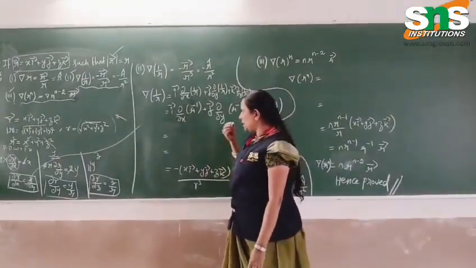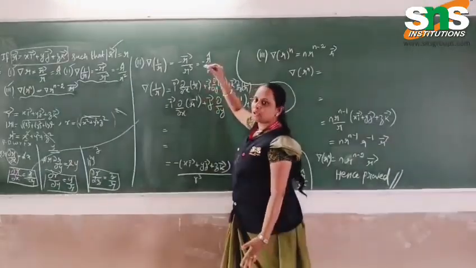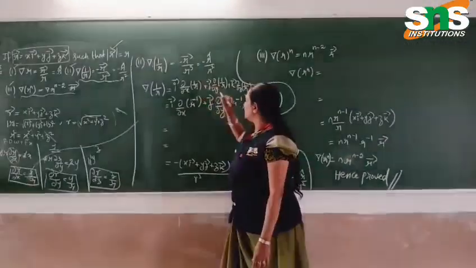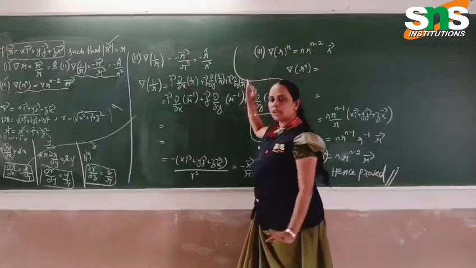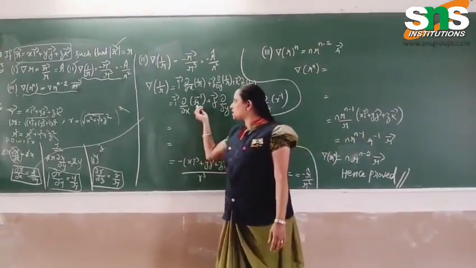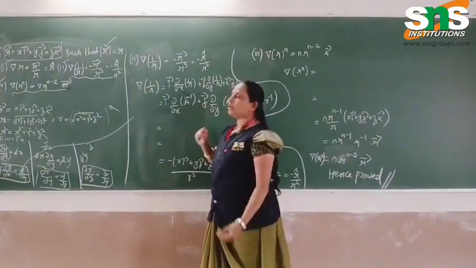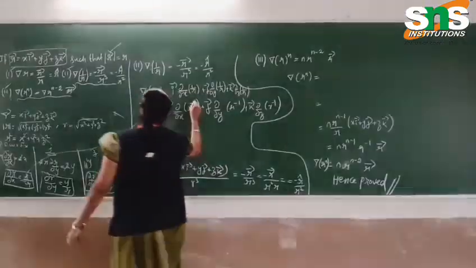For simplification, take this 1 by r into the numerator, that is r inverse. Here also r inverse, here also r inverse. Then we have to partially differentiate with respect to x. So what is r power inverse?